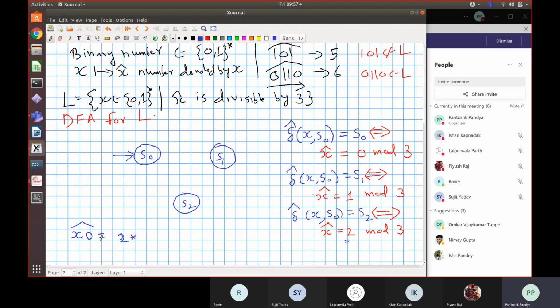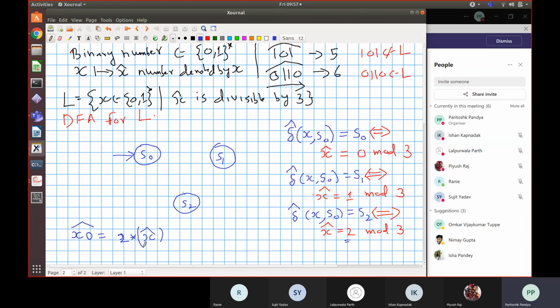Binary numbers have this property: whenever you right-append a 0, you double the number. If you've got 101, that denotes 5. If you add a 0, this will denote 10, 2 times 5.